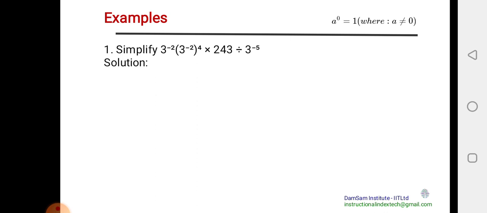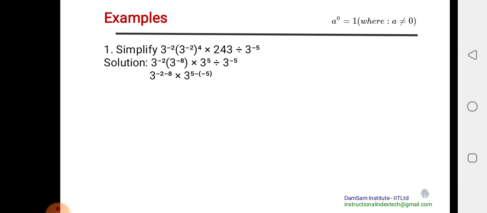As we have it here, we can make all the bases the same. We're expressing all the bases to be the same, like 243 can be 3 raised to power 5. That is what we just did now. And we equally operate negative 2 times 4, the power of that 3 inside the bracket, which is negative 8.